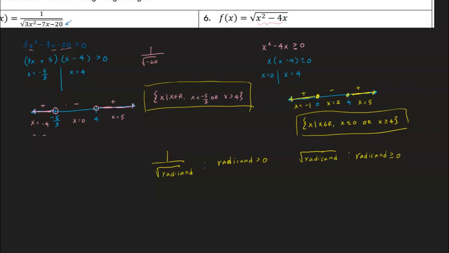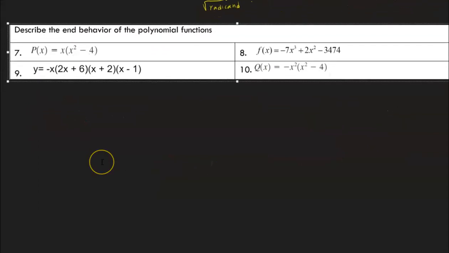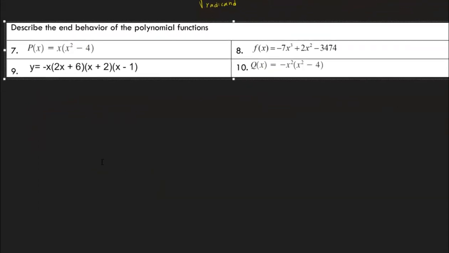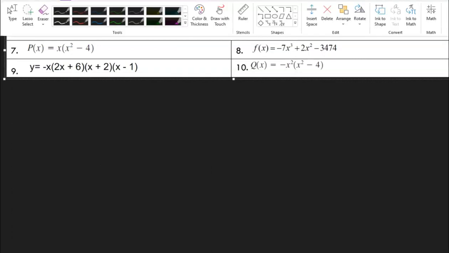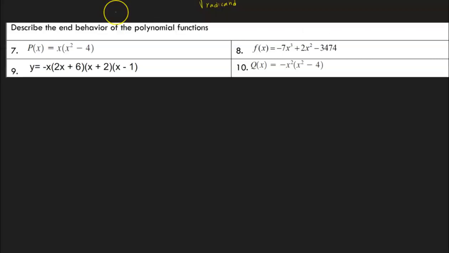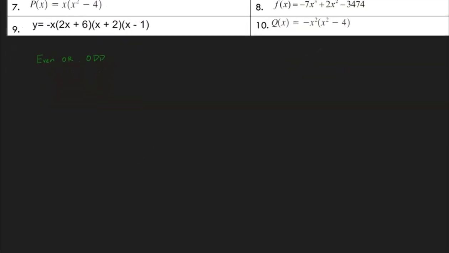Okay, good job, guys. Okay, it says describe the end behavior of the polynomial functions. Now, I noticed that some of you guys were making little tables, but remember, you either have an even or an odd function. Okay, and how do you know?